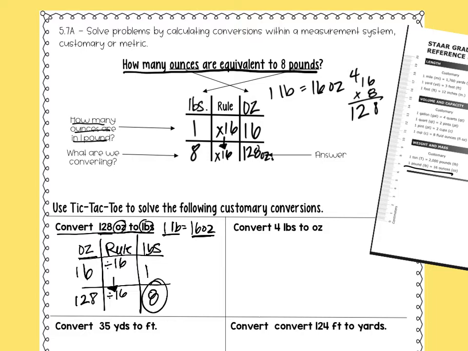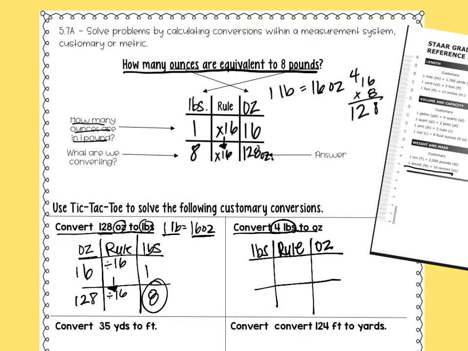For my next conversion, I want to convert 4 pounds to ounces. So my first step is to make a tic-tac-toe board. And I know that I'm going from pounds to ounces. So pounds will come first and ounces will be next.